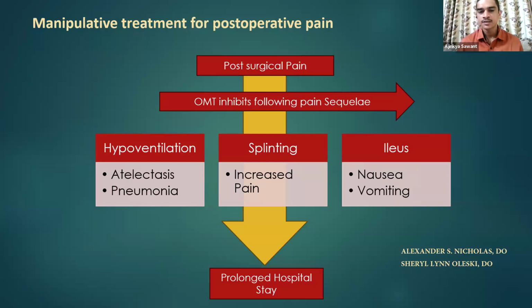And we just discussed why prolonged hospital stay is not good for the patient. It affects the mental state of the patient. It is an economic burden. We have to avoid nosocomial infections and secondary complications. Hence, we have to get our patient discharged from the hospital. But these three things will increase the stay.